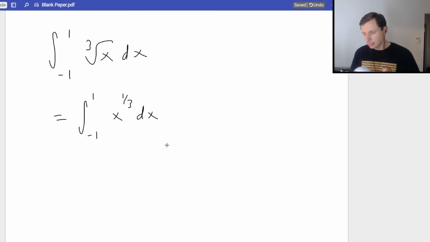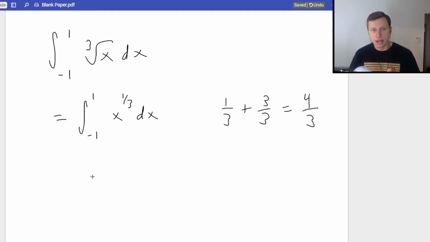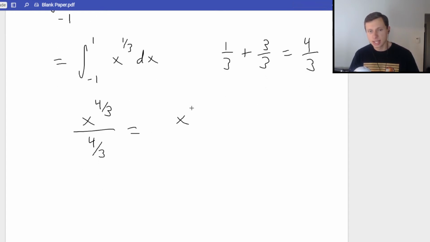Okay, now if I ask myself, what's the integral of this? I need to add 1 to 1/3, 1/3 plus 3/3, because I need a common denominator, is 4/3. So now this is going to be x to the 4/3 power divided by 4/3, which again I can rewrite as x to the 4/3 times 3/4, the reciprocal, right?